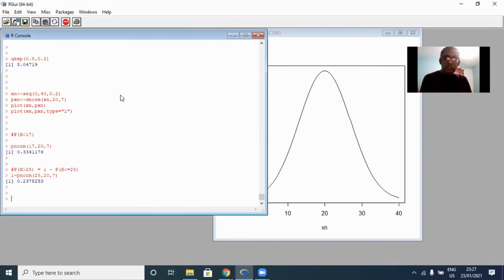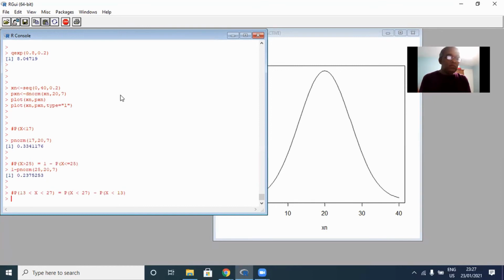And next, we want to find the probability that x is between 13 and 27. This you can write as the probability that x is less than 27 minus the probability that x is less than 13.